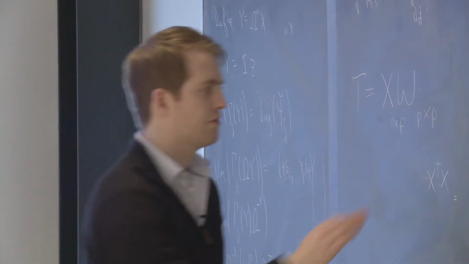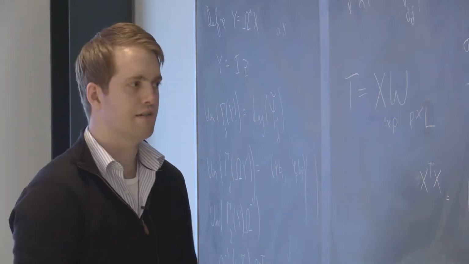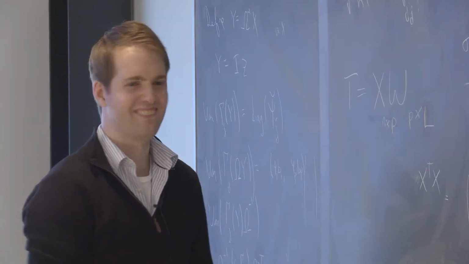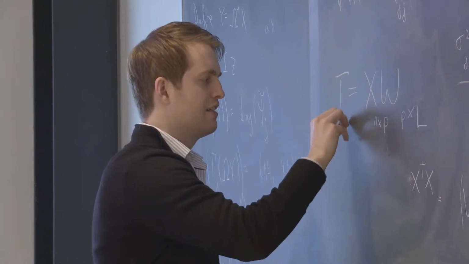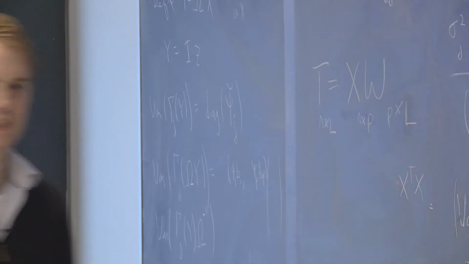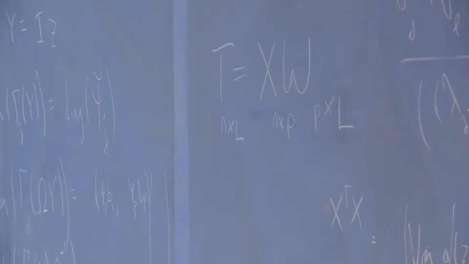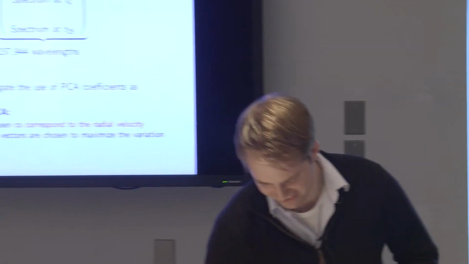And if you want to reduce the number of dimensions, you just cut out some of the columns of the matrix. And so you now have an M by L matrix. So yeah, it's just a dimension reduction technique. You'll see some plots which will maybe make it easier.